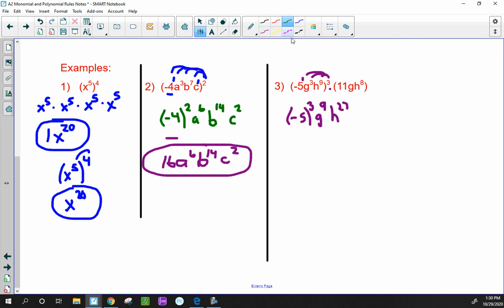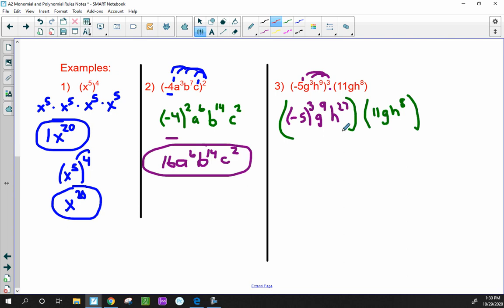And then I'm just going to put parentheses around all of this right now, just to kind of keep it separated and organized. Then I'm going to drop my second monomial down, as is. Okay, so all I've done is the power rule.